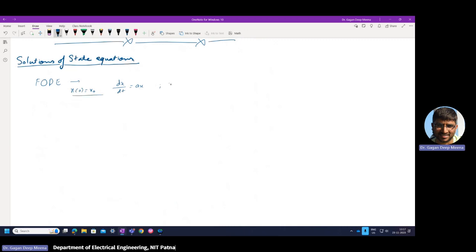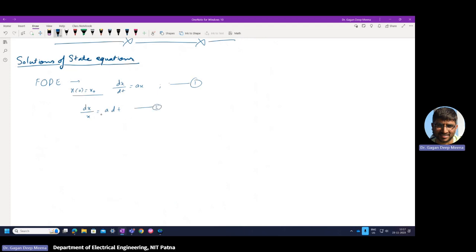I'll keep it as equation number 1 for today's class. With a little rearrangement, I'll rewrite this equation as dx by x equals a dt. That's my equation number 2.